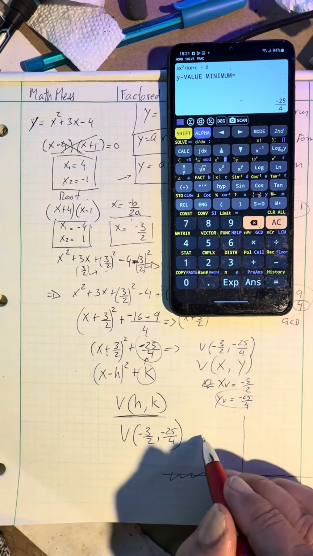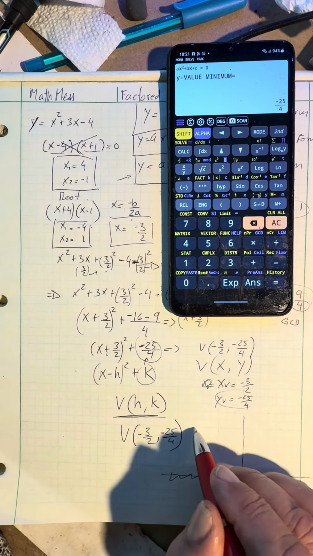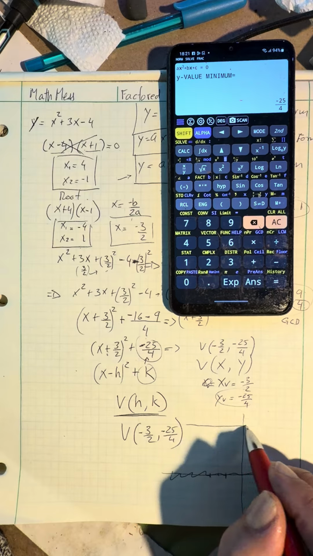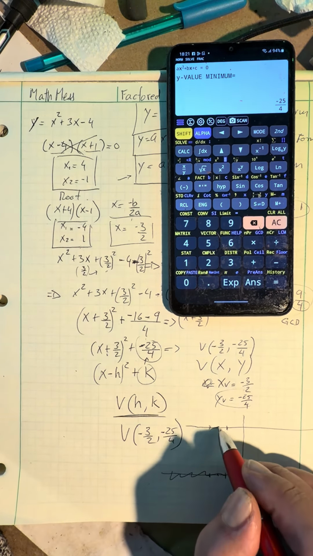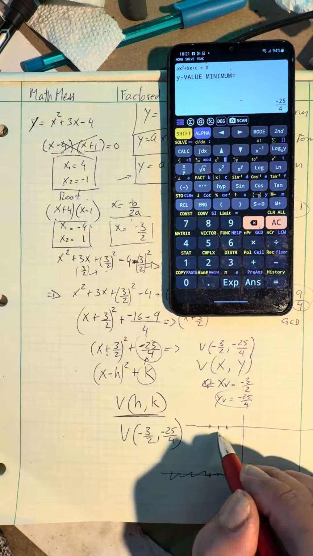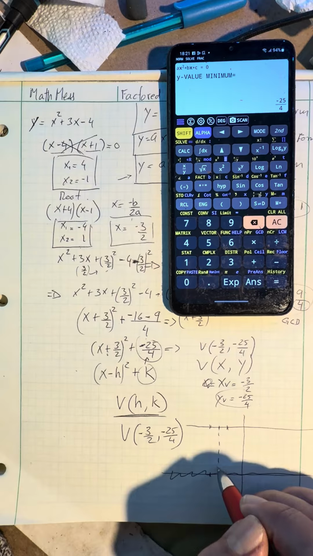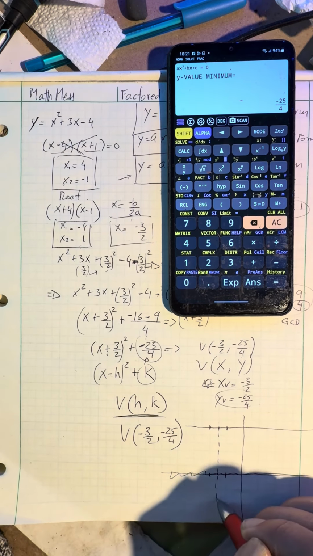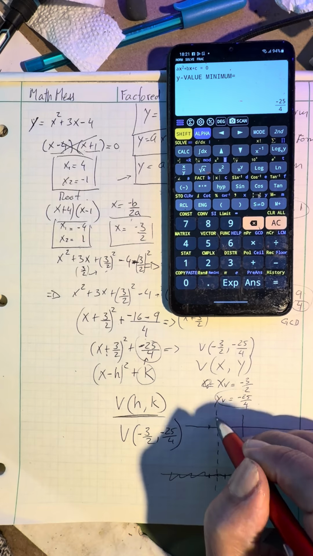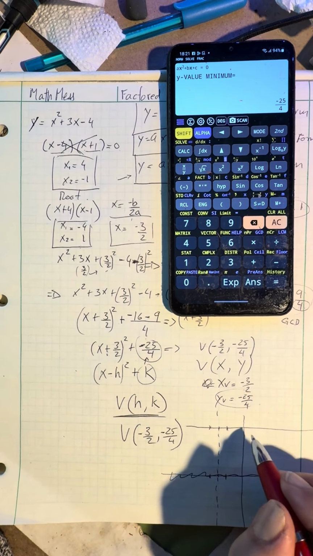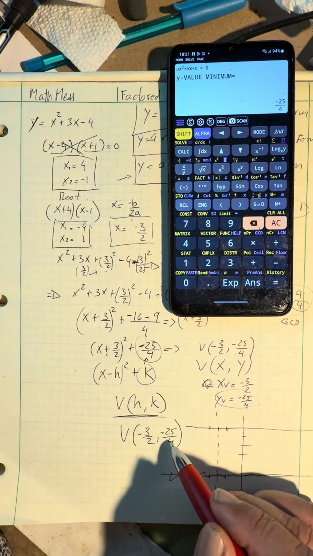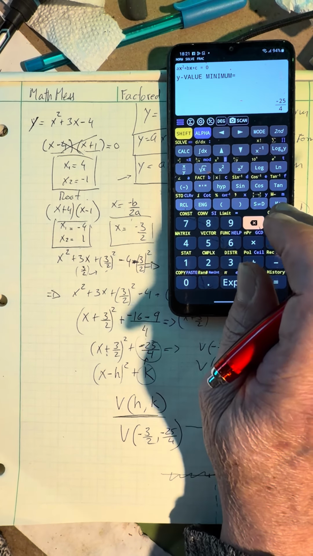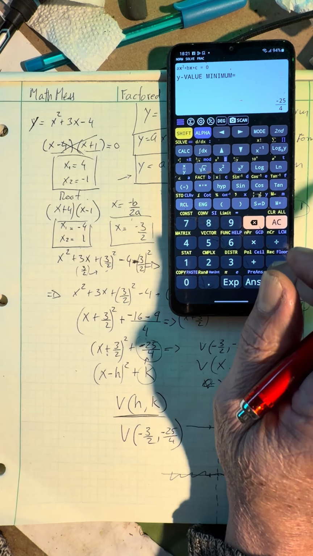We'll put the line on top here. This one, that's where the vertex is. We can just do it by hand. We don't need to use our credit card. And here we will have 25 fourths. Let me see, where would that be?